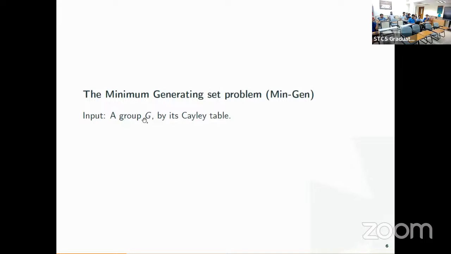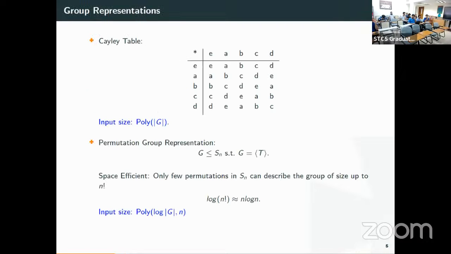Okay. Am I audible? Yeah. Sorry, just a simple clarification. So you have the cardinality of G and there's n. So is small n just going to be the size of this permutation group? Yes. We will represent a permutation by, you can say, an array of length n.